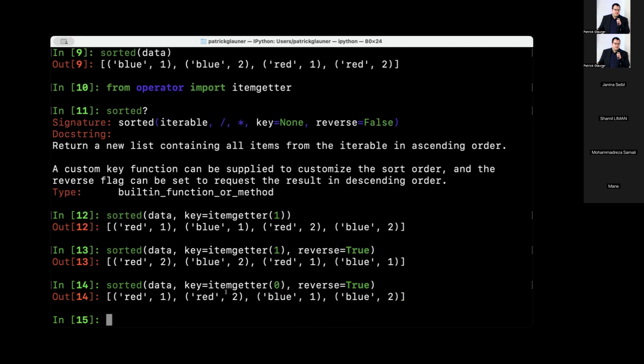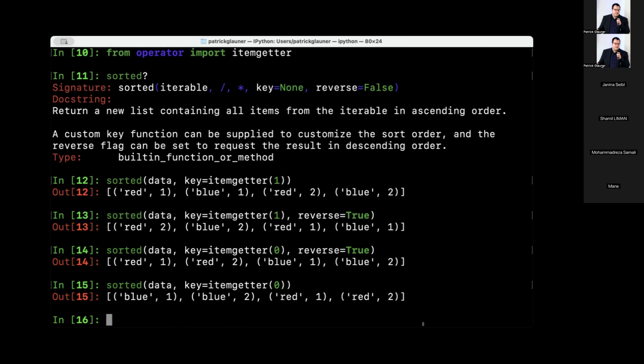So red, red, blue, blue, because all of this gets sorted based on the string, and I can reverse it or not. So if you have multi-value entries, you can take advantage of such an itemgetter quite efficiently, and you can either reverse or not.